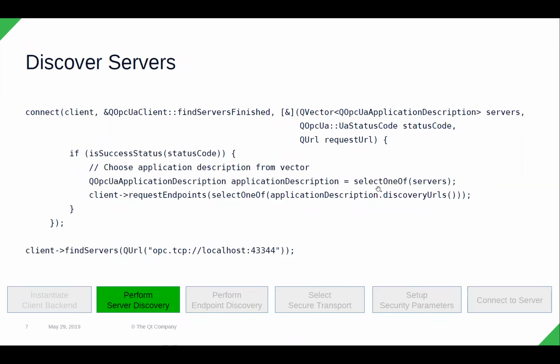This is up to you. So depending on the type of service you want to talk to or whatever, you have to choose one. And of that, you also choose one of the discovery URLs of that chosen server, and then start an endpoint request. But to trigger this first step, you then have to call the findServers method with the discovery URL of your discovery server.